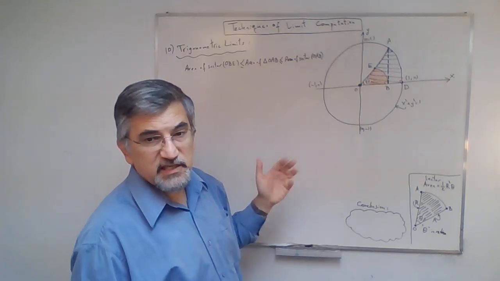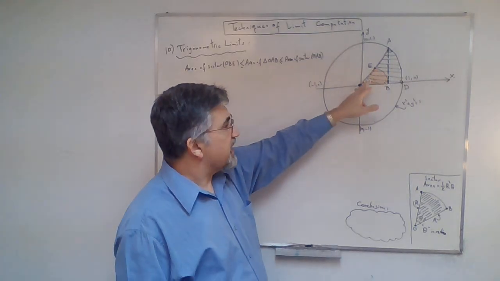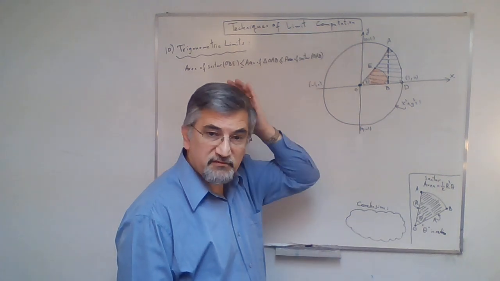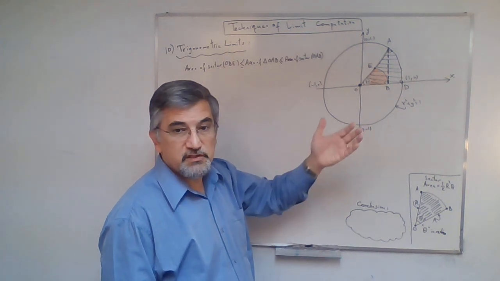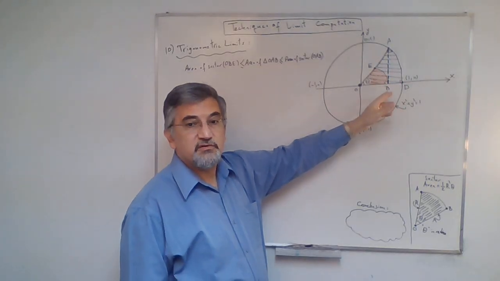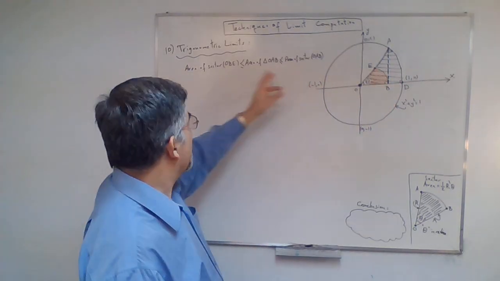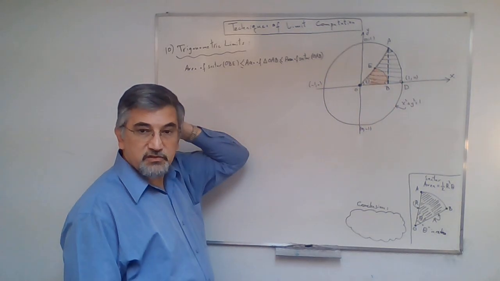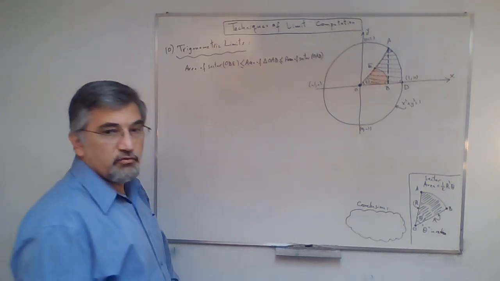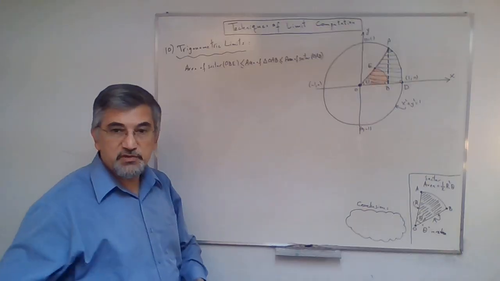It's needless to say that. And mind you that this angle theta could be any angle. It could be 30 degrees, 40 degrees, 45 degrees, 10 degrees, even 2 degrees, that doesn't matter. Whatever angle that is, this inequality is valid and true, as you see in the diagram. Now, the question is, how do you find the area of sector OBE?